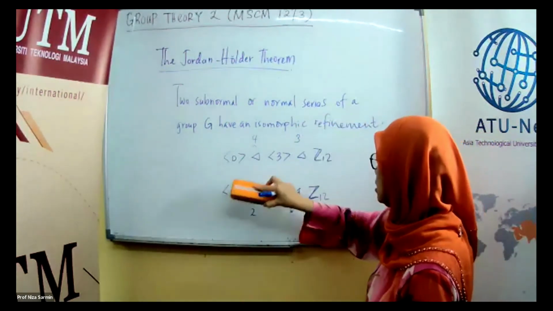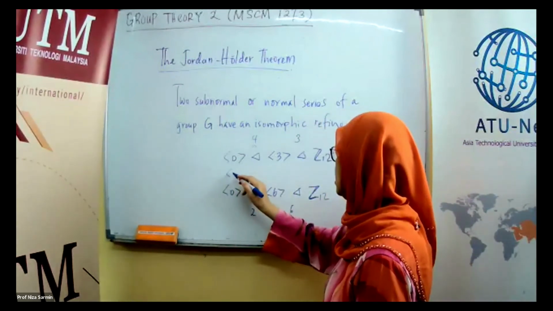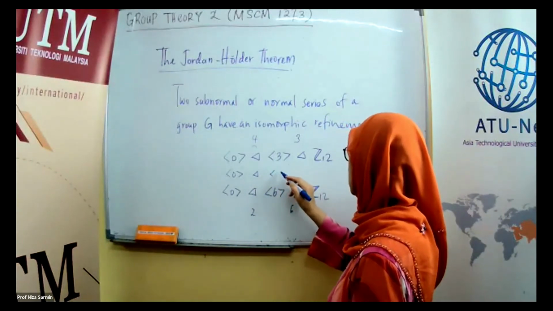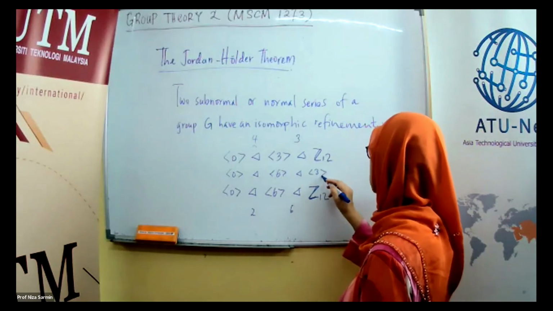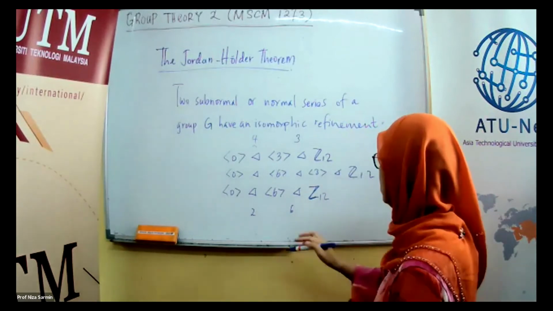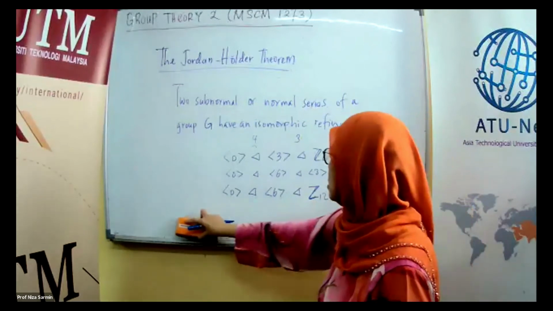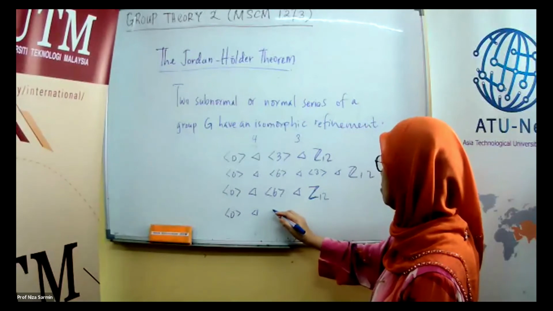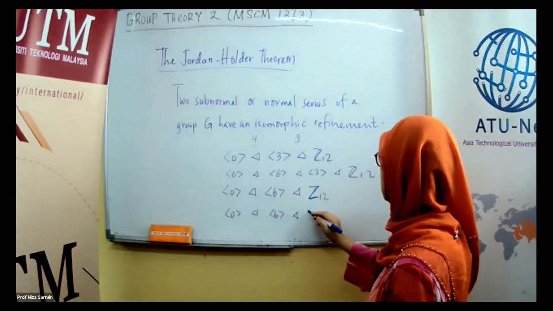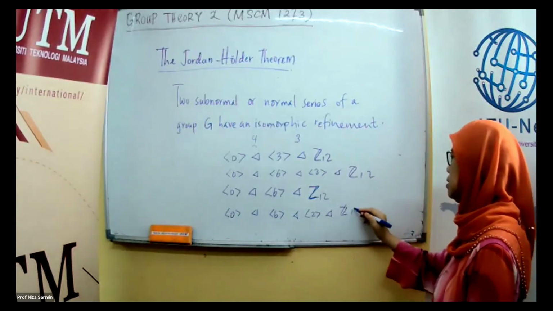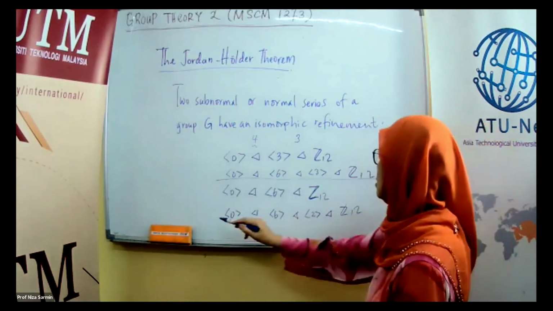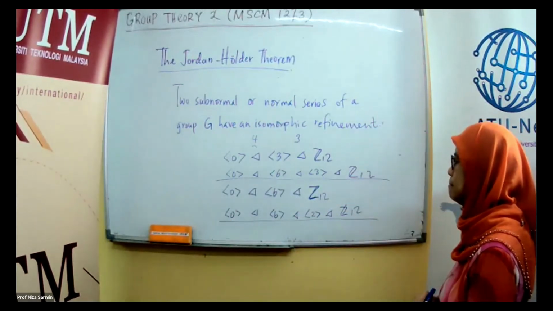The isomorphic bigger one, what is it? 6, 3, Z12. What about this one? 6, 2. Is this isomorphic? Yes, because the same order.